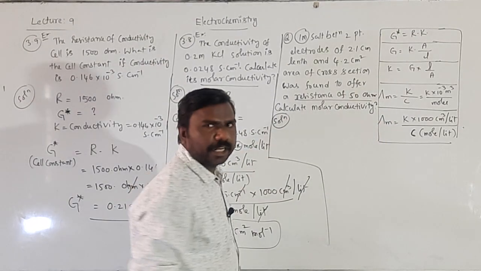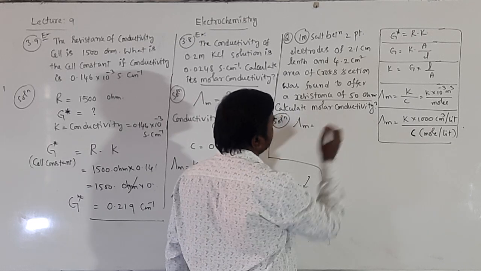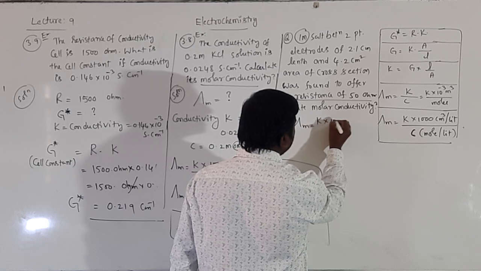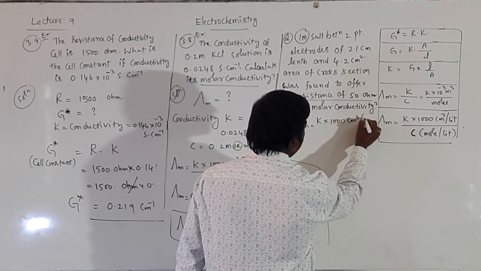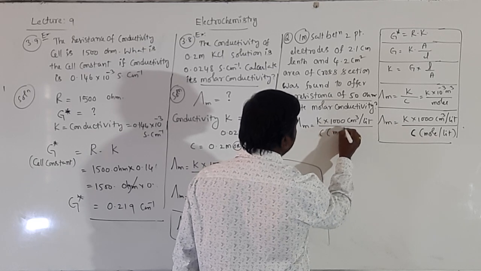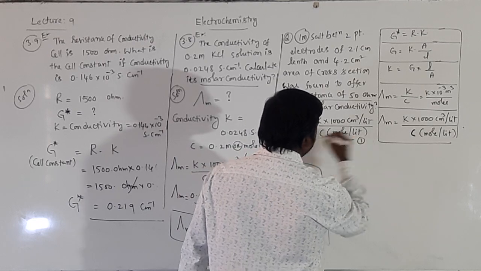Calculate the molar conductance. The molar conductance formula, taking centimeters first, is K into 1000 centimeter cube per liter by concentration, which means mole per liter.